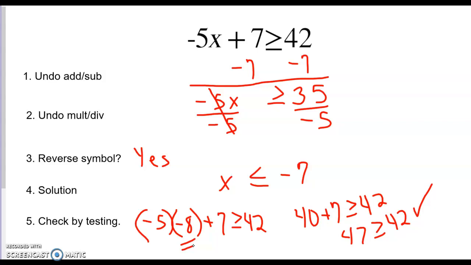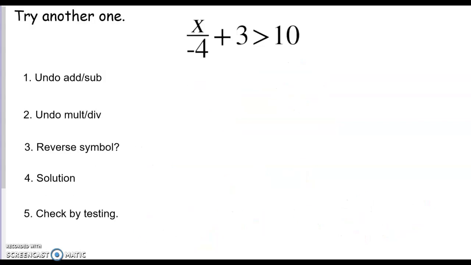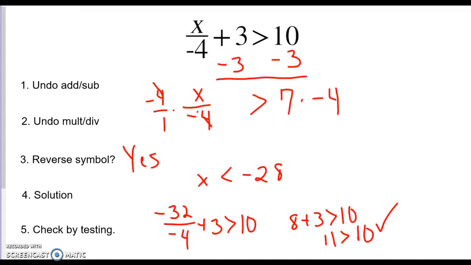All right, let's try a division problem. X divided by negative 4 plus 3 is greater than 10. Okay. Pause your video and try that one, please. Okay, here we go. Start by subtracting 3 from both sides. And then we are multiplying by negative 4, so we do need to reverse our symbol.